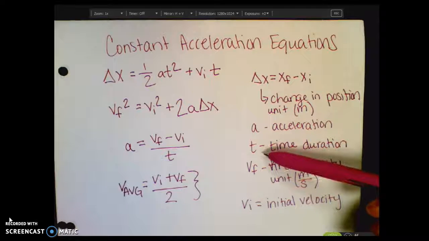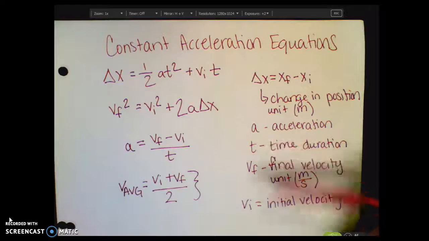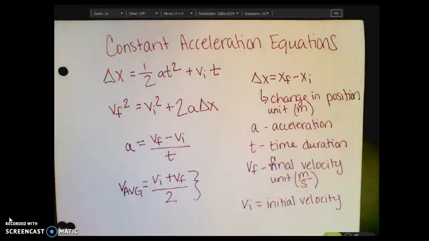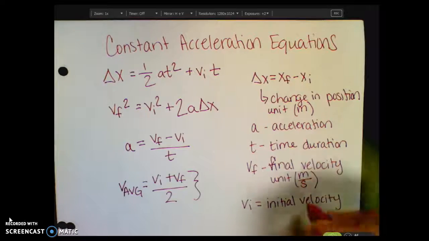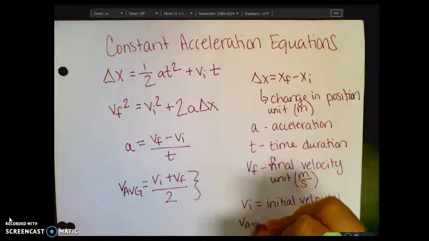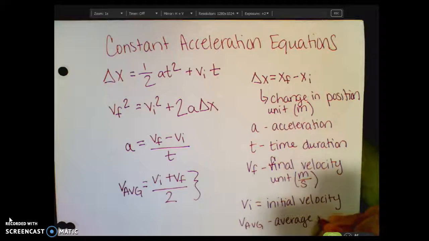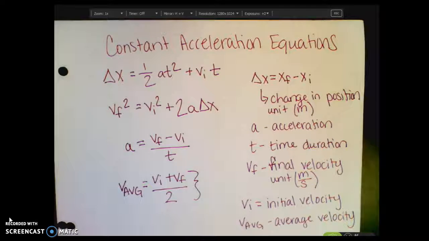And my time would be whatever I just said for t, maybe 5, I'm not sure. But that's what your t would be. And vavg is average velocity, in case it asks you for average velocity, only under the terms that we are constantly accelerating.